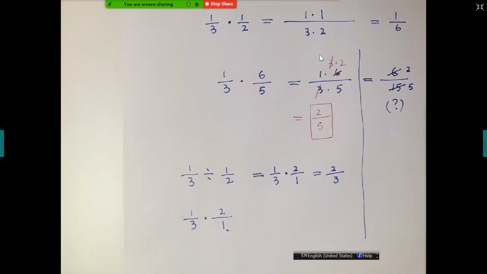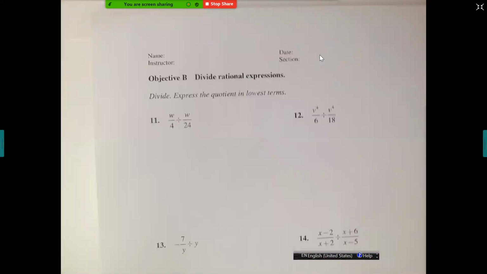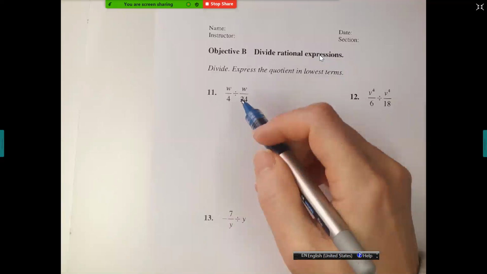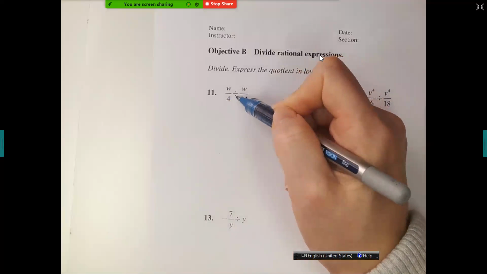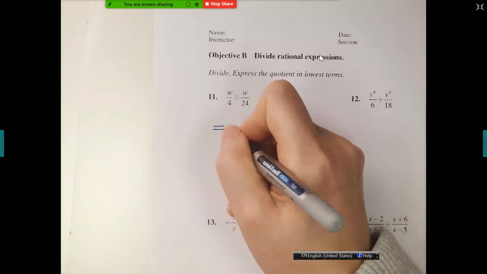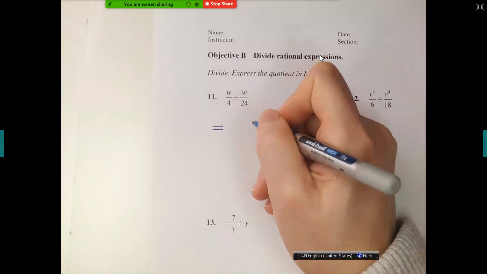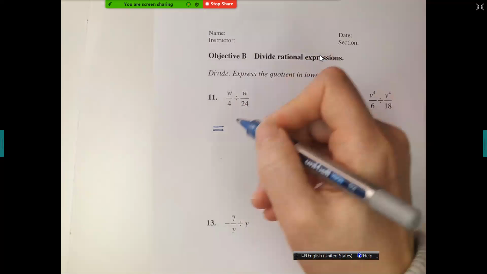Okay, quick example here. This is one rational expression divided by another rational expression. What do we do? No division anymore. Turn the division into multiplication, then flip the divisor over.